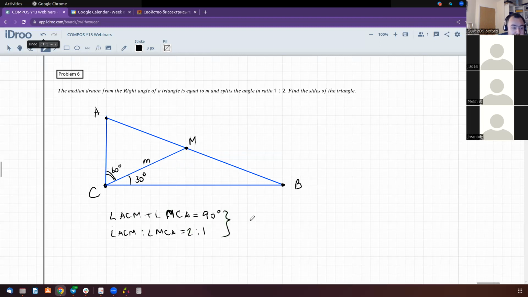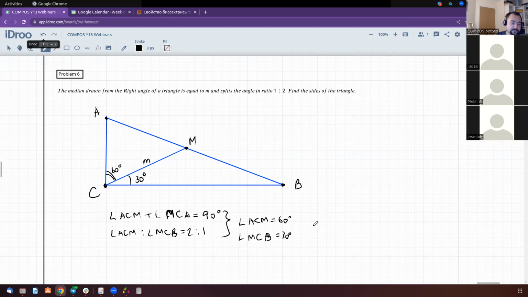Therefore, angle ACM is 60 degrees. Angle MCB is 30 degrees.